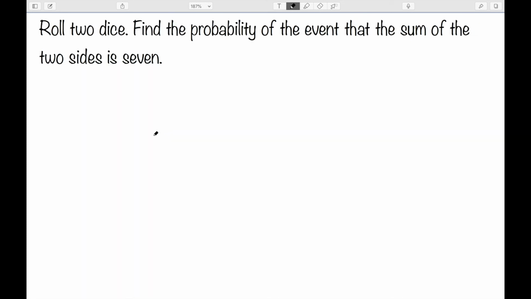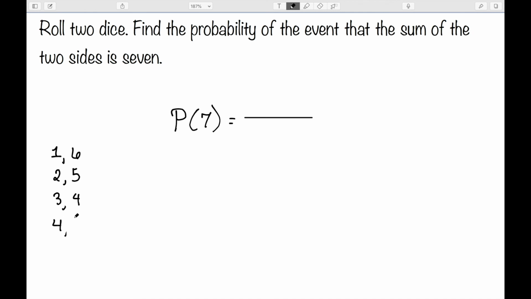Let's do one more. I want to roll 2 dice. I want to find the probability of the event that the sum of the two sides is 7. Well, let's think of all the ways to roll a 7. We could do a 1 and a 6, 2 and 5, 3 and 4, 4 and 3, 5 and 2, or 6 and 1.